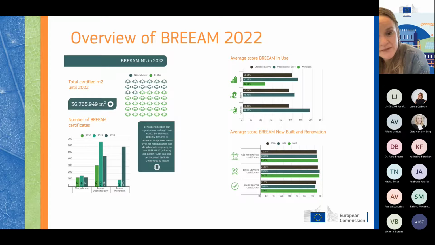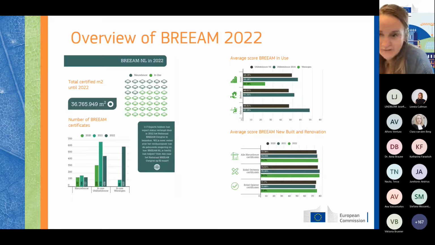Because also the numbers are quite high. If you look at the right, the average score for BREEAM in-use and new build is a bit higher. You can see that the numbers are pretty high, which means that those buildings are on average at a benchmark level higher than legislation. So this is a short overview of BREEAM.